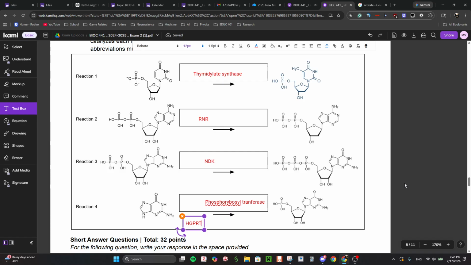Does this also act as a ribosyltransferase, maybe? I think it does. I'm just remembering what the HG stands for. Is it hypoxanthine?